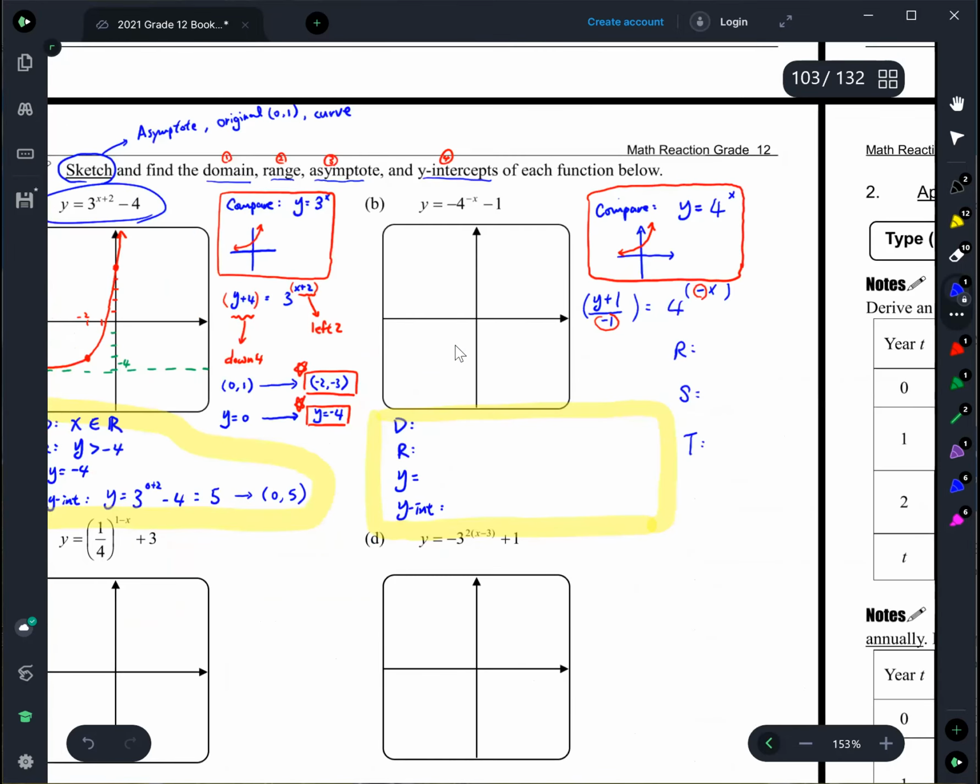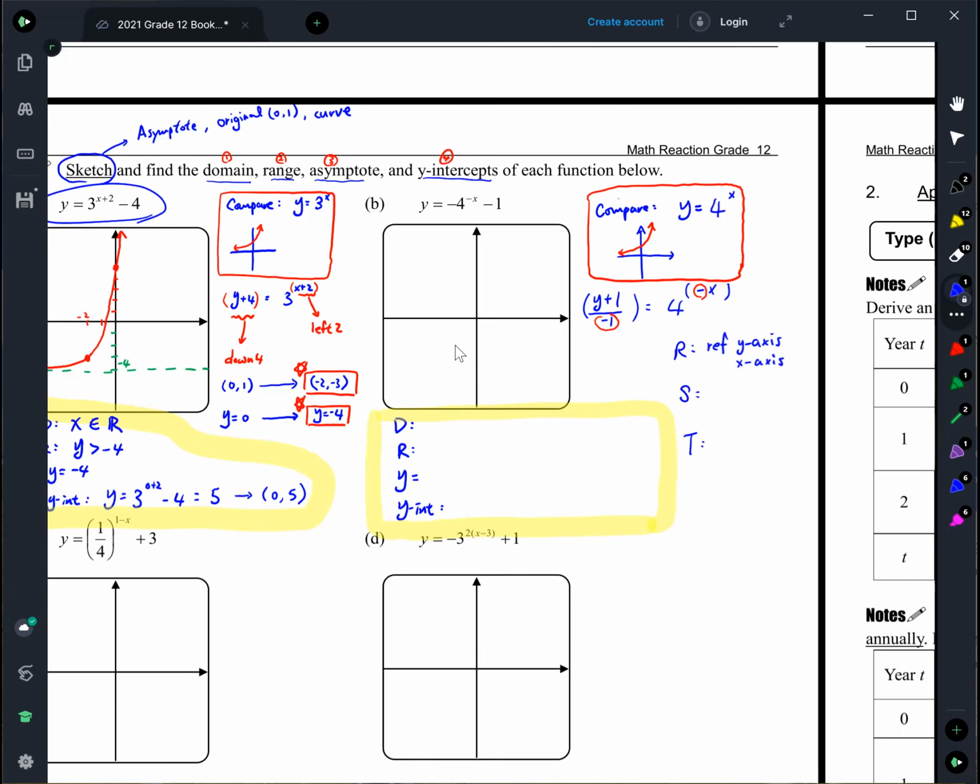So once again, we have a negative on the x, so we have a reflection over the y-axis. And not only that, we also have a reflection over the x-axis because you have a negative underneath the y. So it got reflected twice. For s, you need to have a number other than 1 underneath the variable.